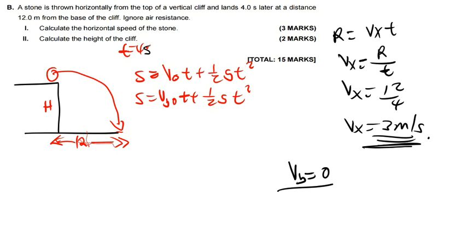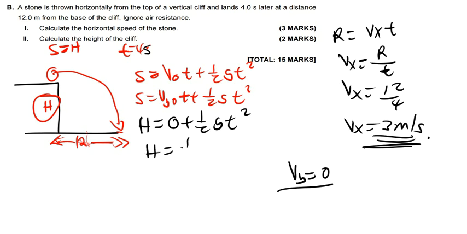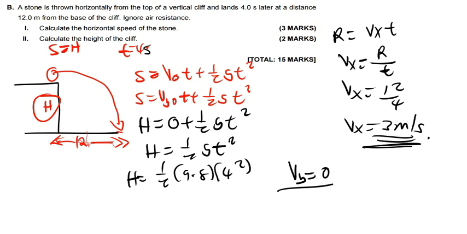So replace s with h. So s is basically the h we are trying to find here. I will replace vy initial by 0. So 0 times t is just 0 plus half g t squared. So it's basically h is equal to half g t squared. Now I have everything. It's just a matter of plugging in the values. My h will be equal to half times 9.8 as my g. My t is 4, but we square it.